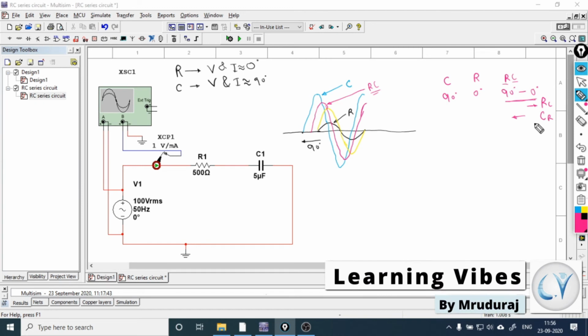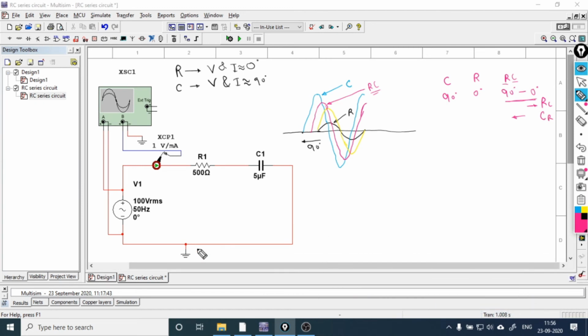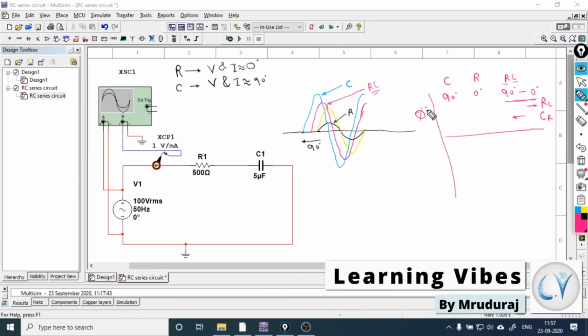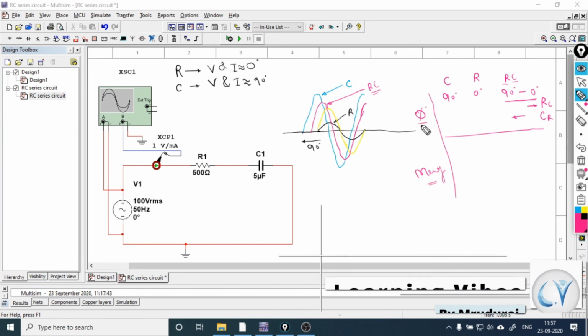This was about the angle phi, now it's about magnitude.